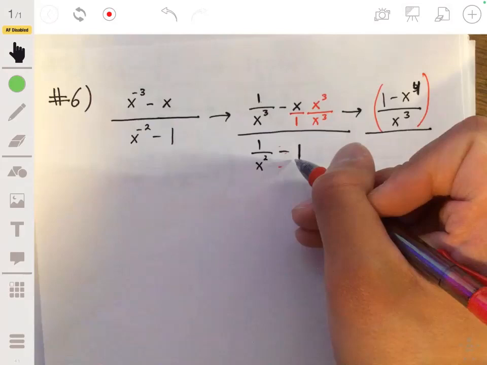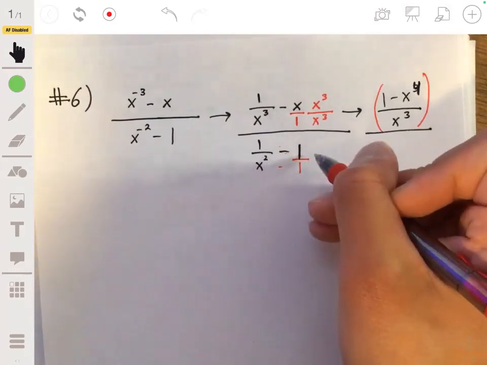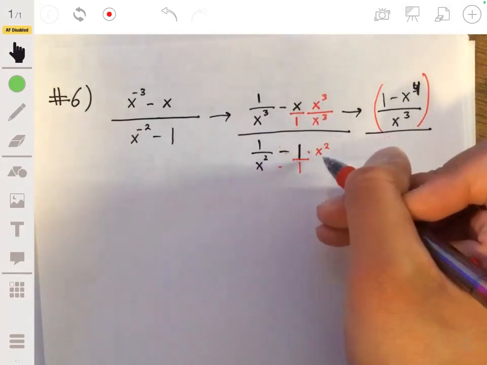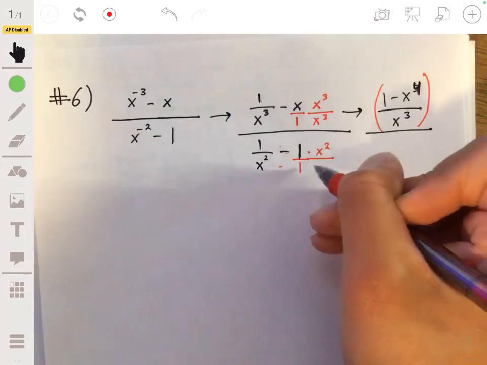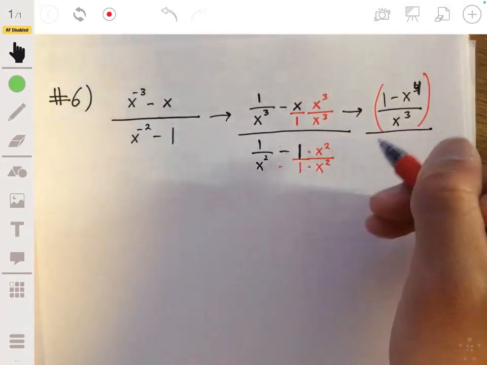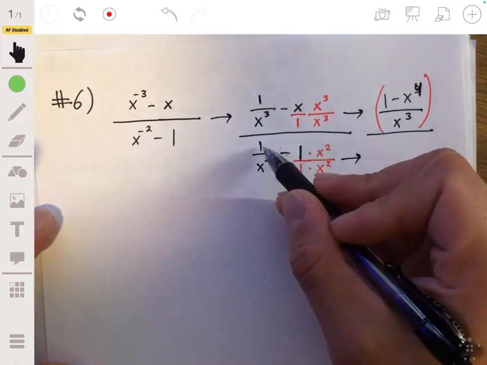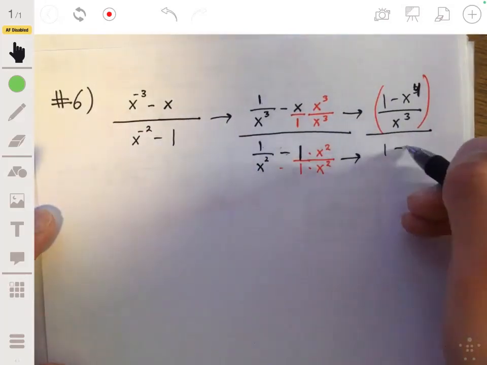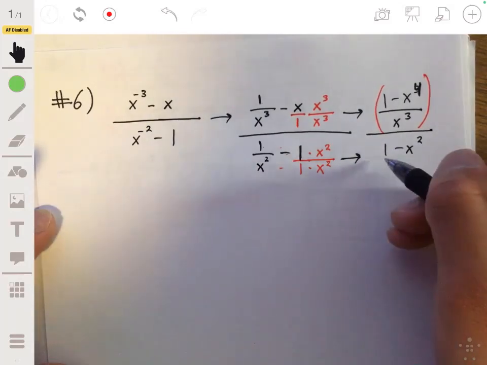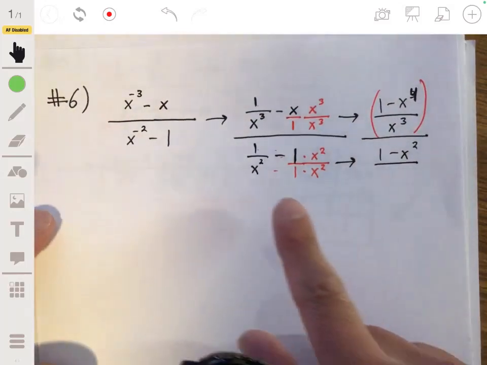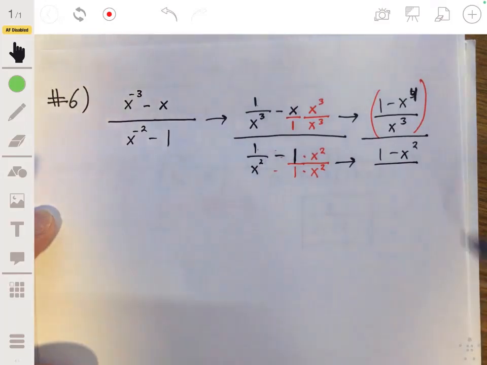Now this denominator, we're going to make this 1 be multiplied by an x squared over an x squared. And then so you have just 1 minus x squared over an x squared.